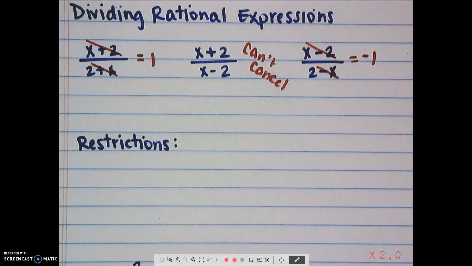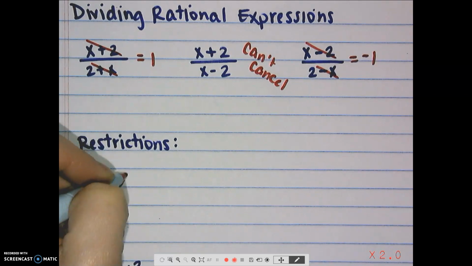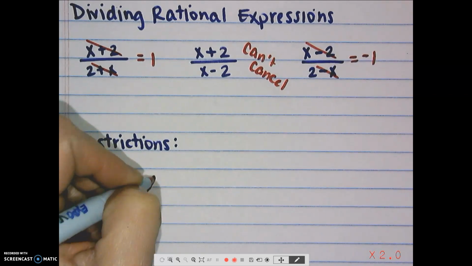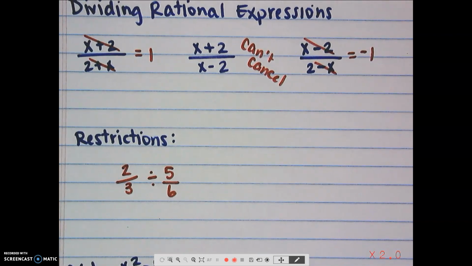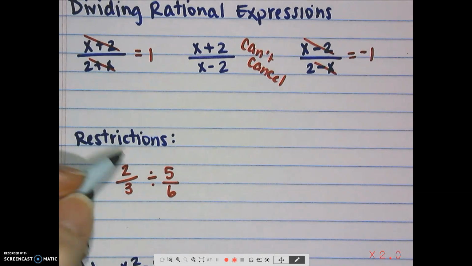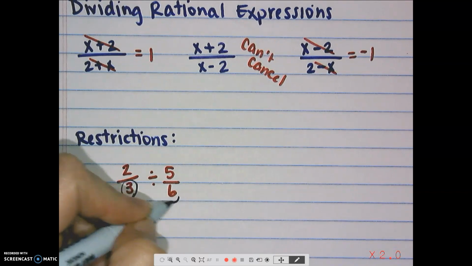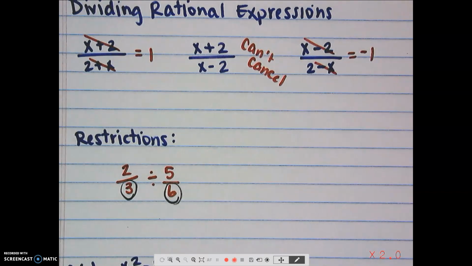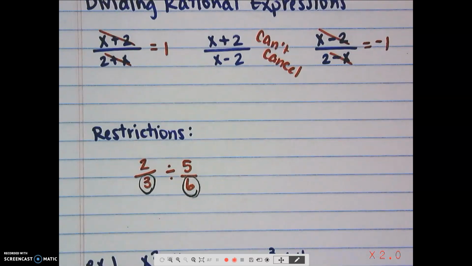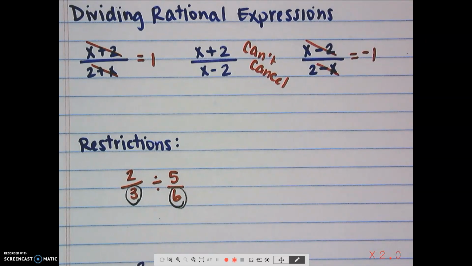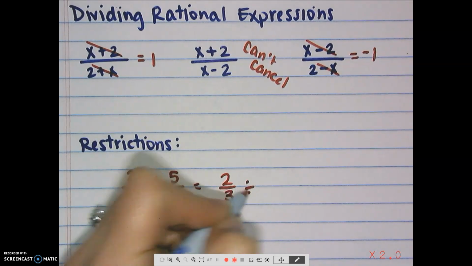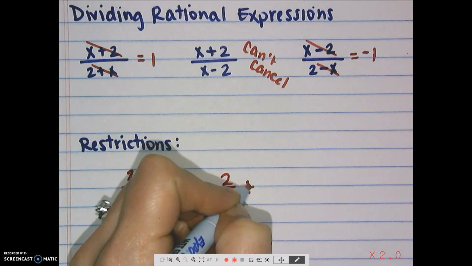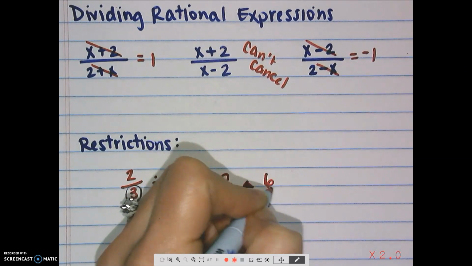Next thing to look at is where we look for restrictions. So if we're taking 2/3 and we're dividing it by 5/6, remember the denominator is where we care about restrictions, so we'll be looking there. But with division, we know that we keep the first fraction the same and we make that be multiplication.